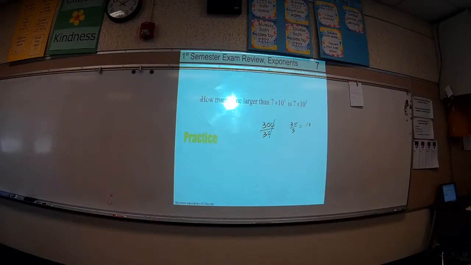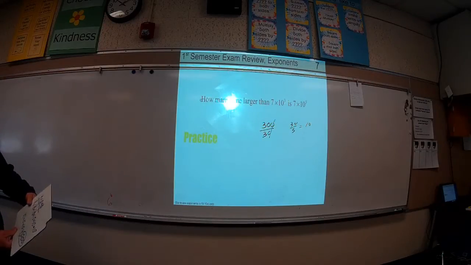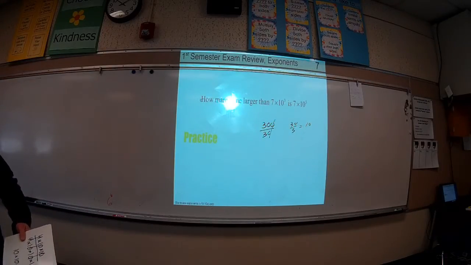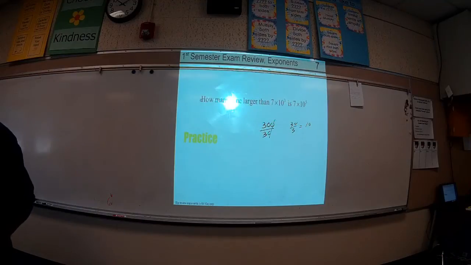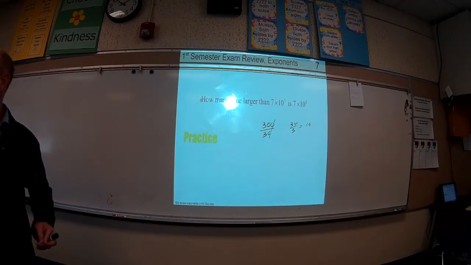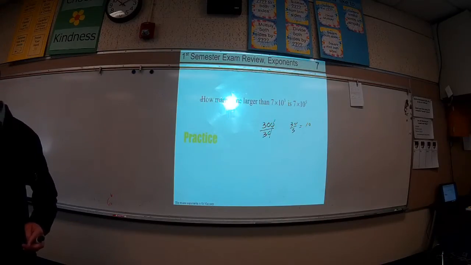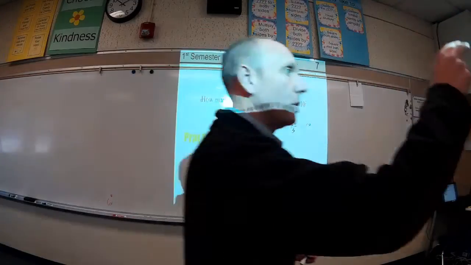Two things are going on here. Are you in the right problem? Good. Also, you want to do big over small. You were doing small over big. Good. What's 700 divided by 7? Good.